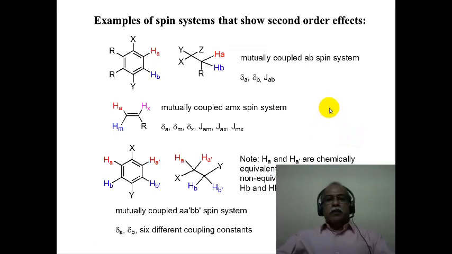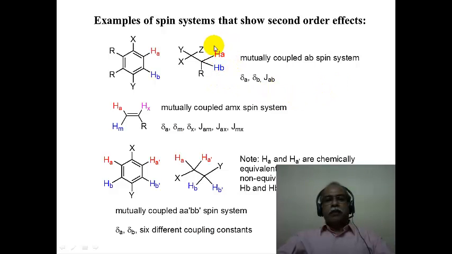Some examples of spin systems that show second order effects are shown in this particular slide. If we consider an aromatic ring, the hydrogens are close in terms of their chemical shift values, and normally they are comparable to their J values. So hydrogen A, hydrogen B of this type, which is ortho coupled, can present a second order spectrum which would be an AB spectrum.